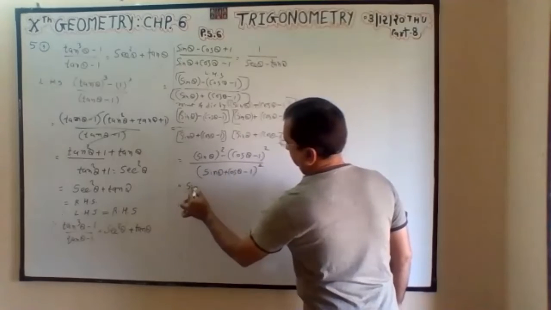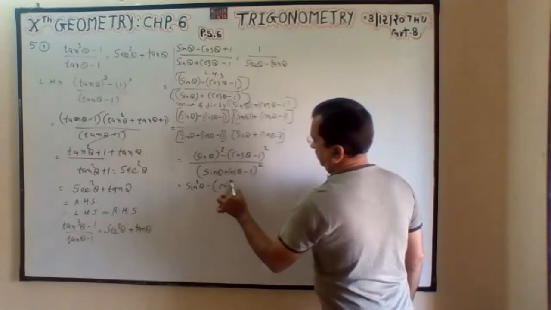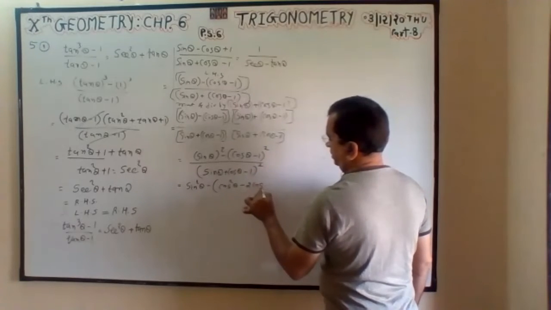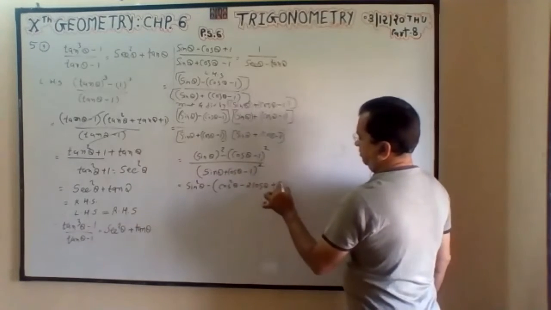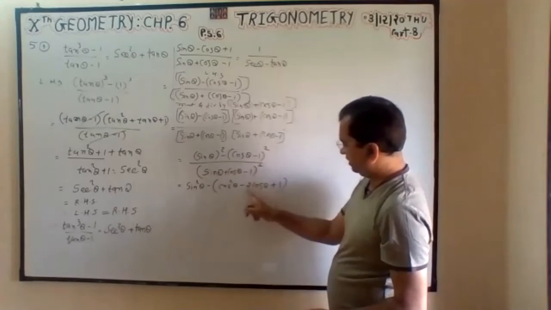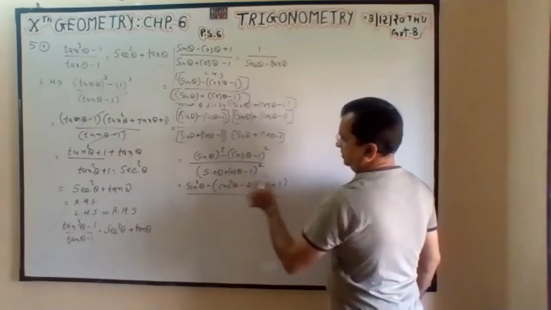This is sine square, this is cos square theta. A square, 2ab, b square: square of the first term, this into this into this, with minus square of this term, divided by the denominator.